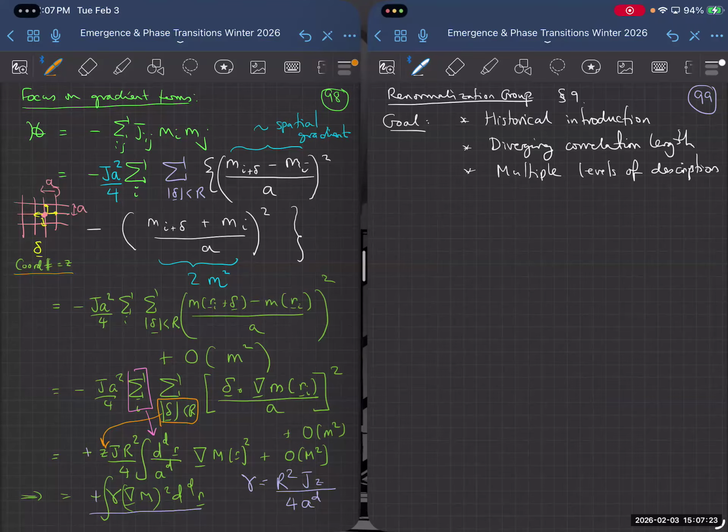And we're going to use the fact, which we've already seen from mean field theory, that thermodynamic and correlation functions have singular behavior. So we know this already from mean field theory, and now we're going to exploit that.